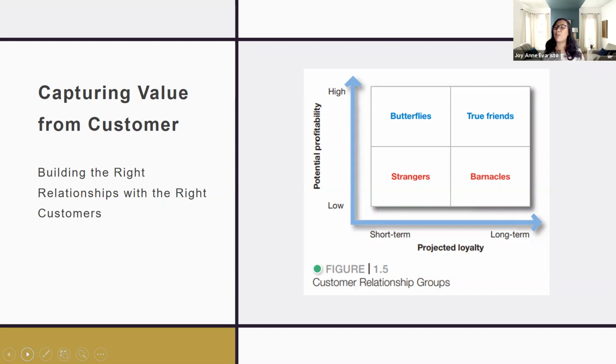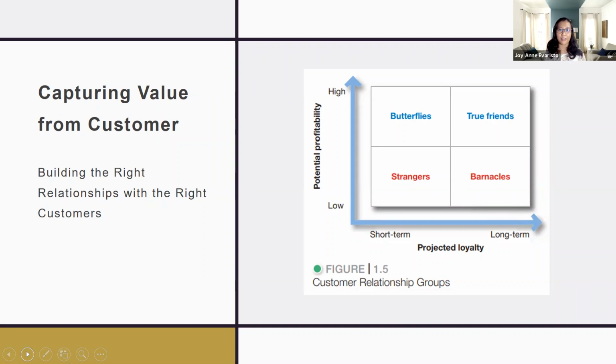They are barnacles because they may be loyal, since they always invite their clients there, but they only get one drink and then stay there for the whole day, use your Wi-Fi, etc. They turn the cafe into their office for one whole day and just get a drink or two. That is a barnacle. They may be loyal, but they are not really profitable.